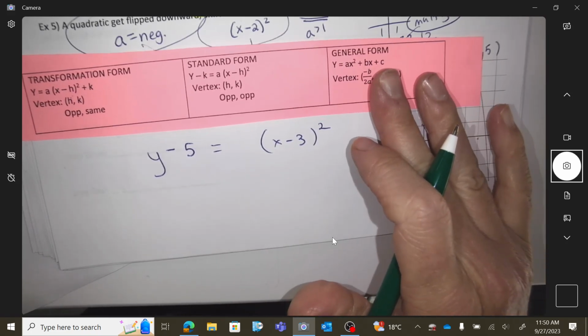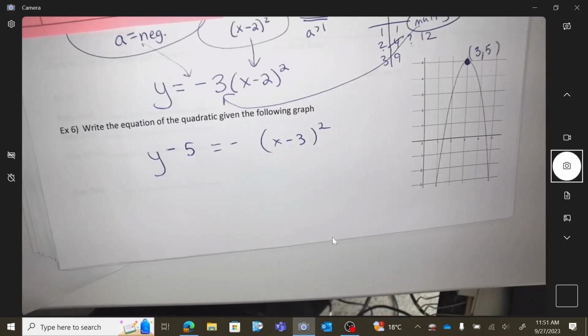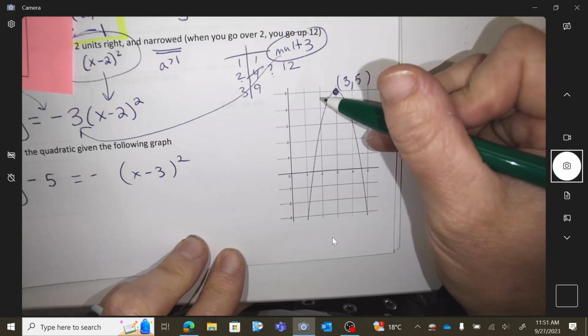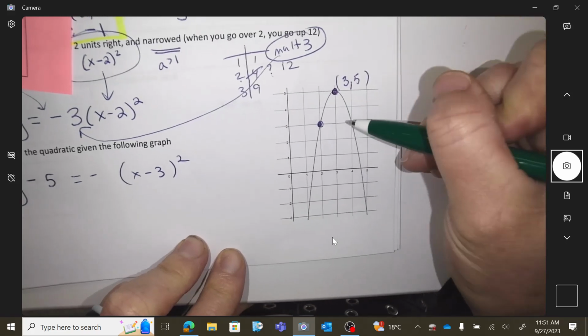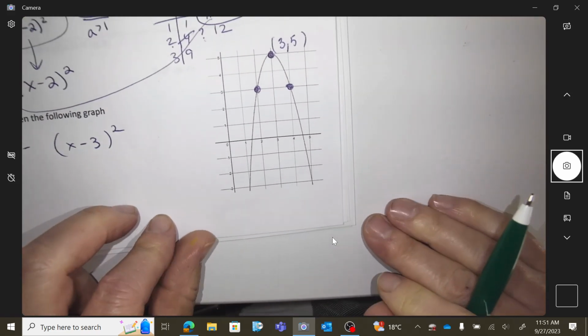And then we got to figure out slope. Well, I already know it's negative, right? Look at that. I'm negative something. I already know that because I flipped. Can you find me another coordinate? Looks like there's something right there.